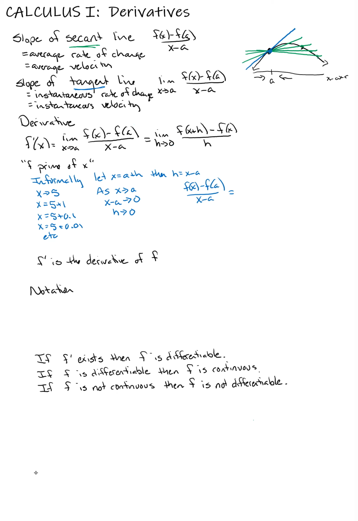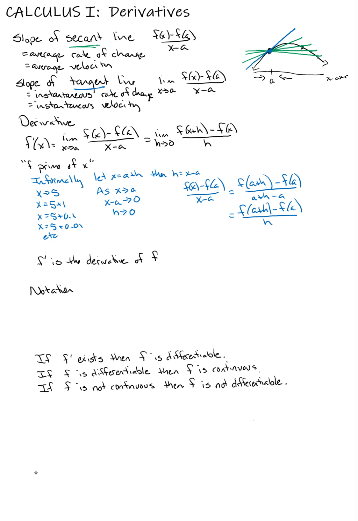We have f of, instead of x, I'm going to use a plus h, minus f of a. All right, that's looking pretty good. Over, in the denominator, we have a plus h minus a. I'm going to leave the numerator as is, but in the denominator we can see that the a's become 0. Combine those, we get 0. We just have h in the denominator.